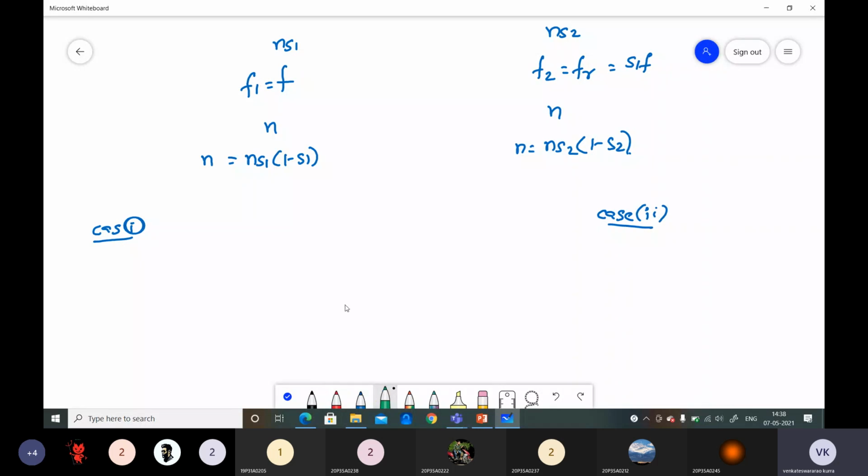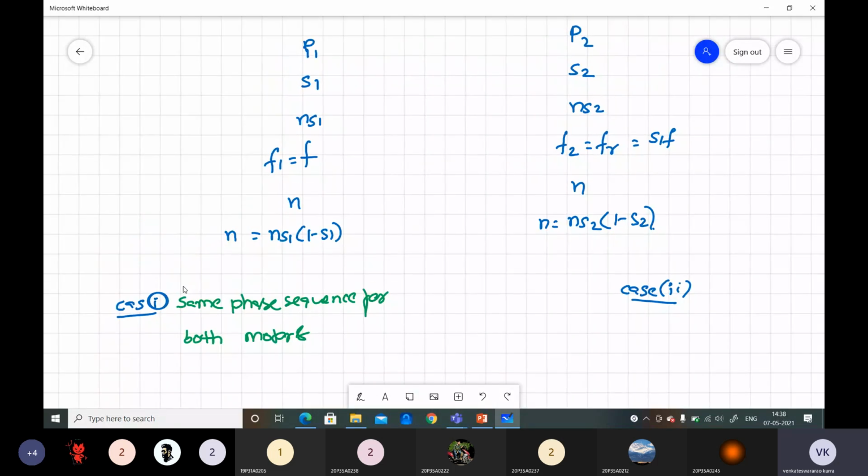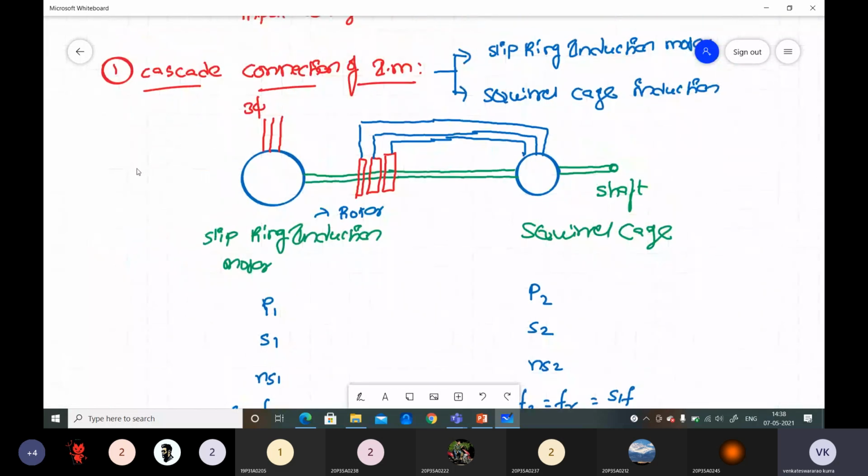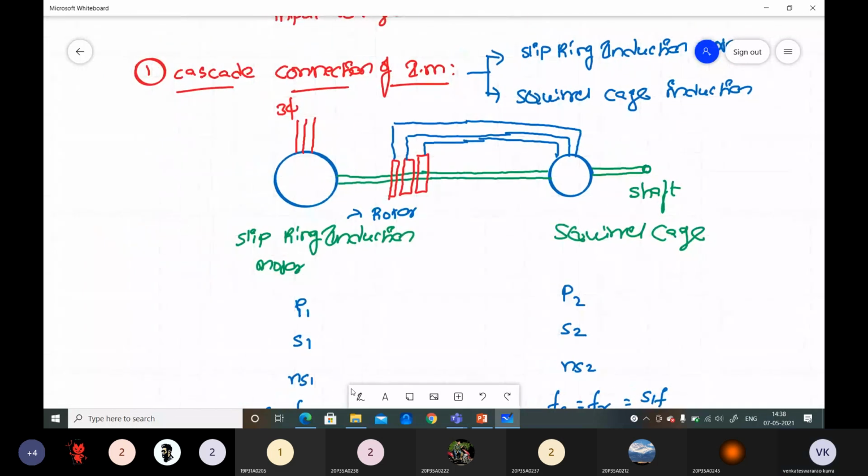If we apply the same phase sequence for both motors, it means here this slip ring induction motor has 3 terminals.